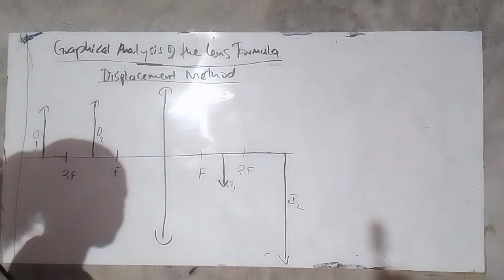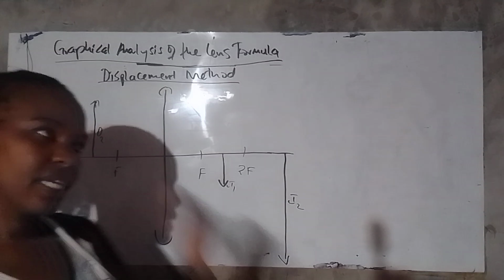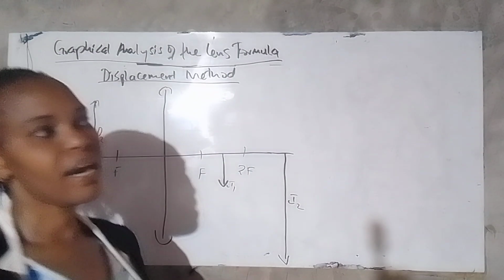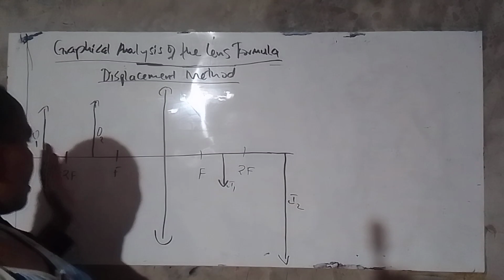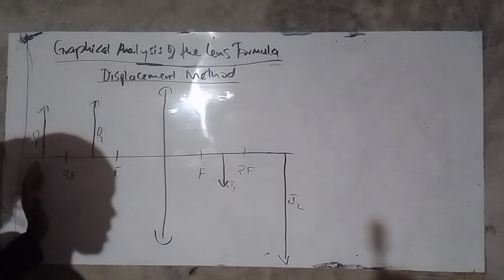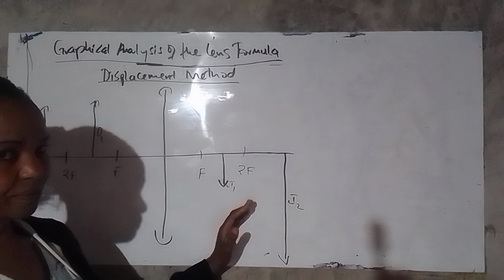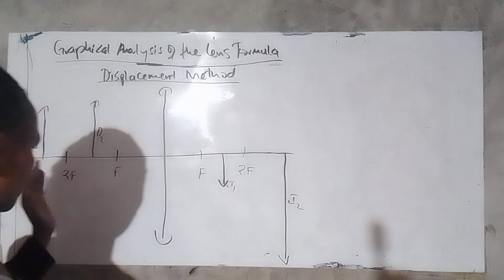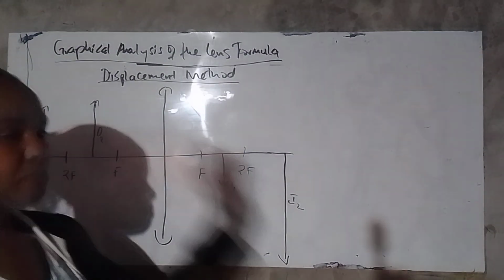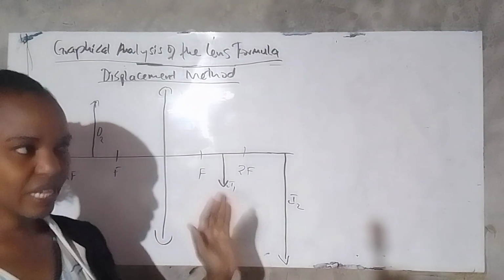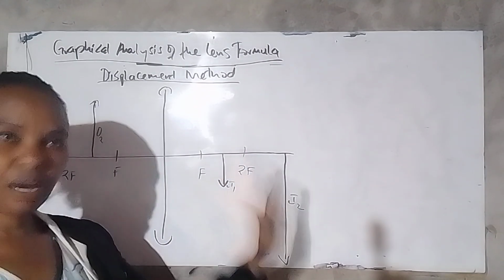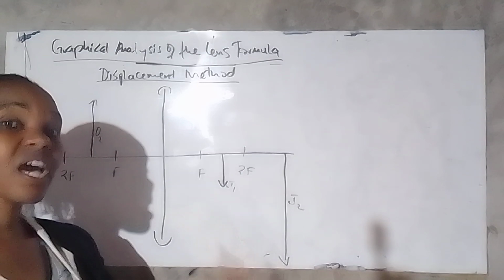Okay. Now with that, if we remember the principle of reversibility of light, if the object is behind C, the image is between F and C. And if the object is between F and C, the image is behind C. And as the object moves closer to the lens, the image moves further away from the lens, and it becomes bigger and bigger.